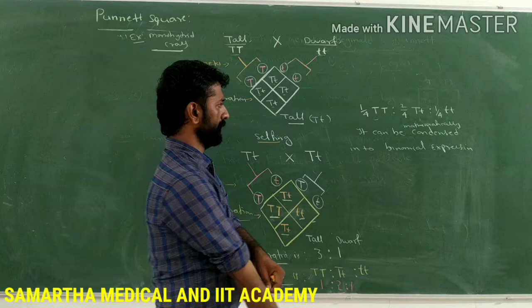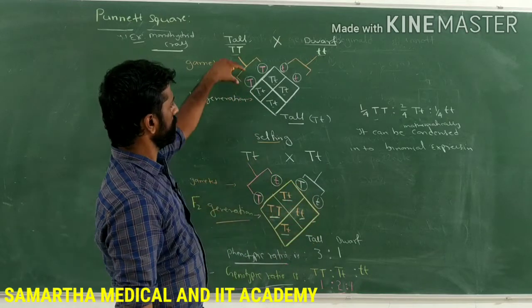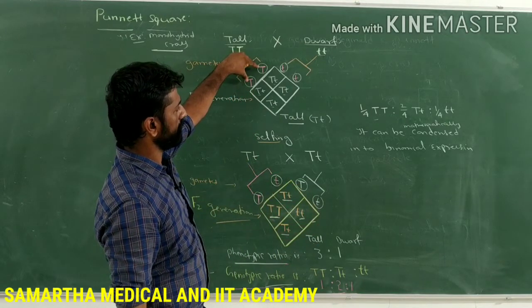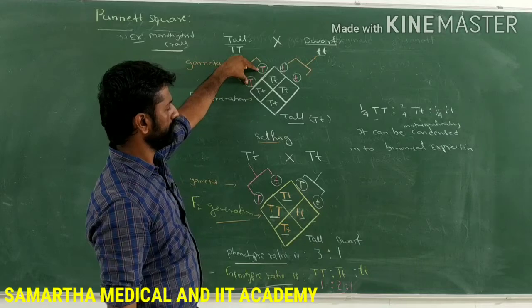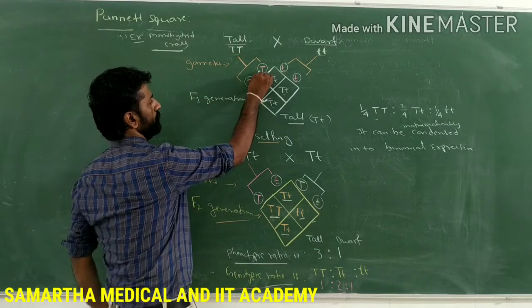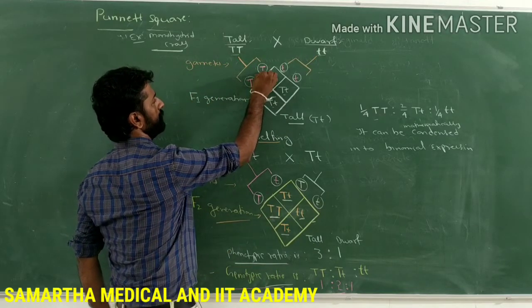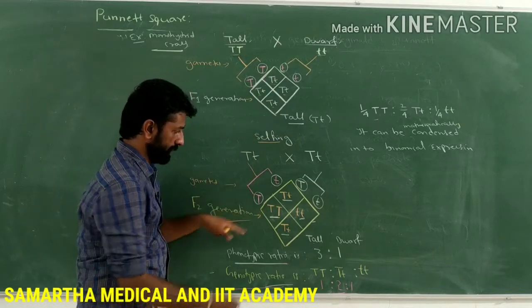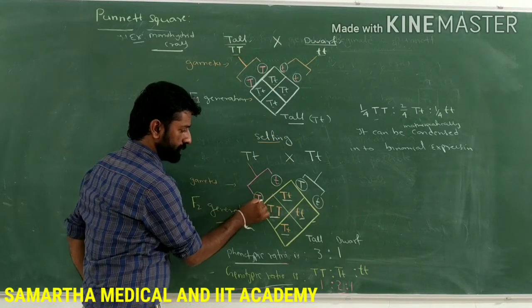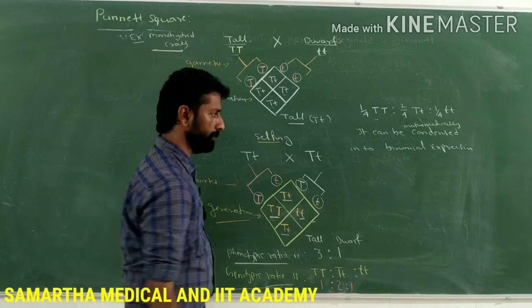Let's consider the possibilities of formation of the gametes here. Out of 2 gametes produced, 1 will have the dominant allele.